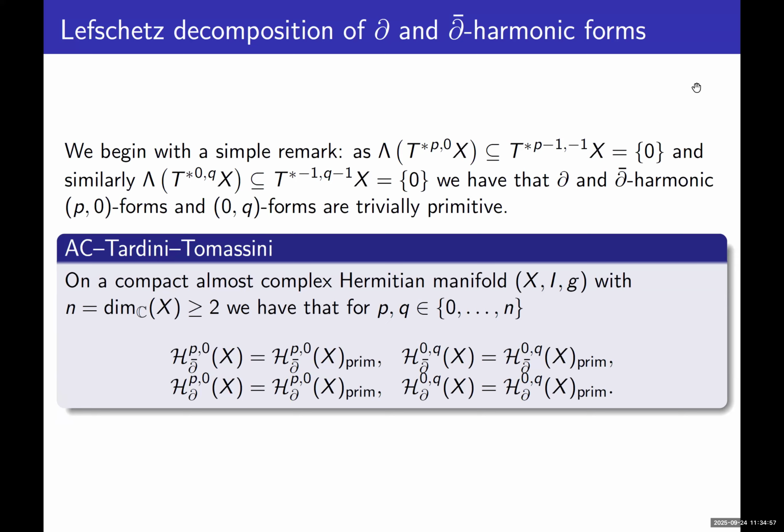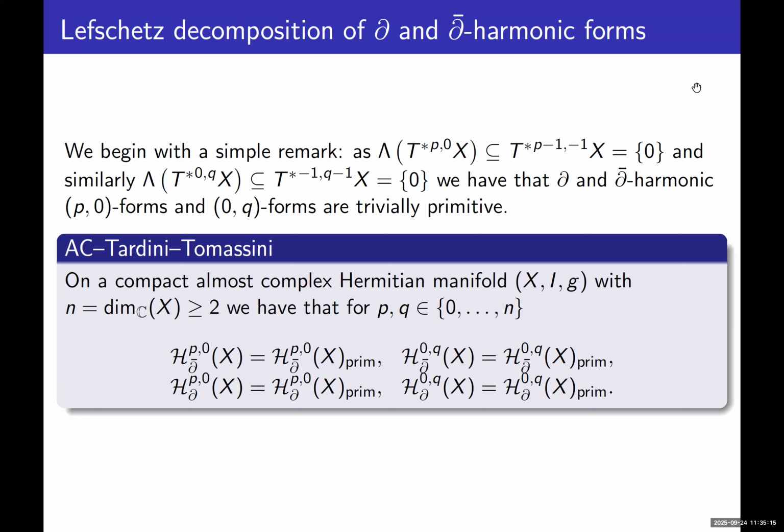And so this has as an immediate consequence that each (p,0) del or del bar harmonic form is actually primitive. So we get in this way the right decomposition.